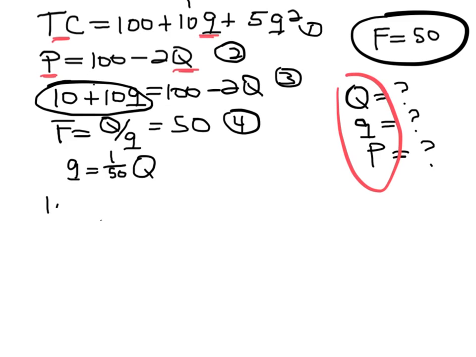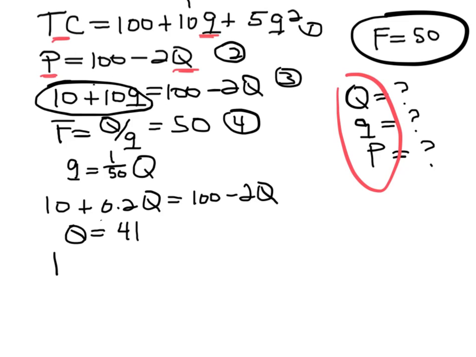So that will be 10 plus 0.2 big Q, and that's going to be equal to 100 minus 2Q. Now this whole thing is in terms of big Q, so now we can solve for big Q. Big Q equals 41. And now we can take big Q and put it into the price equation to find the actual price. The actual price is going to be about $18.